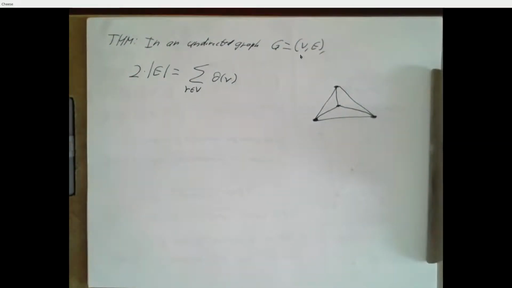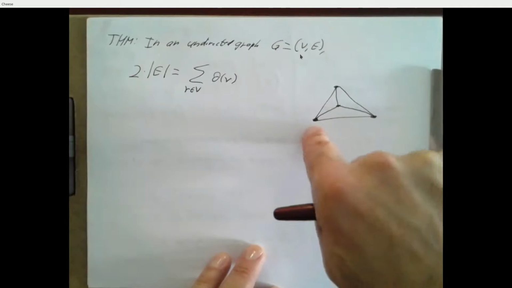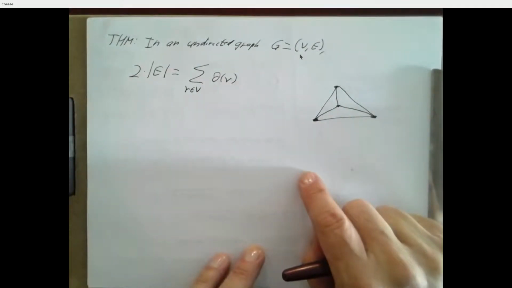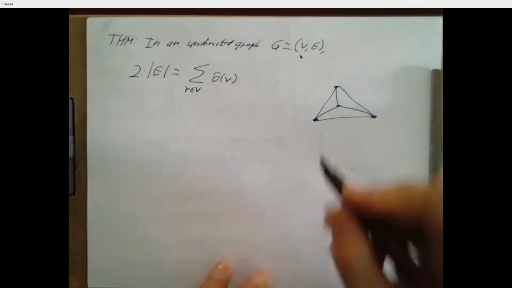So there's another graph. What's the degree of each vertex there? Count them up. Yeah, 3. So the degree is 3, 3, 3, 3. Add them up, that's 12. Total number of edges is 6. So that seems good.